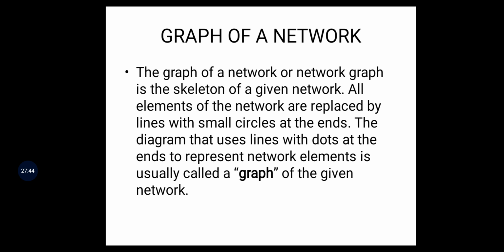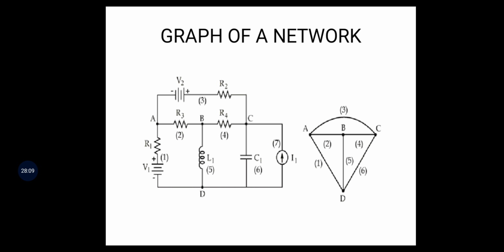Any element, whether an inductor or a capacitor, is represented with lines, and the nodes are represented with dots. Then it is called the graph of a network. We simply take one example here.